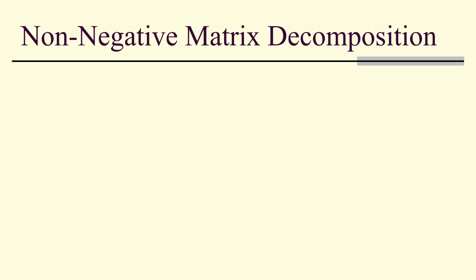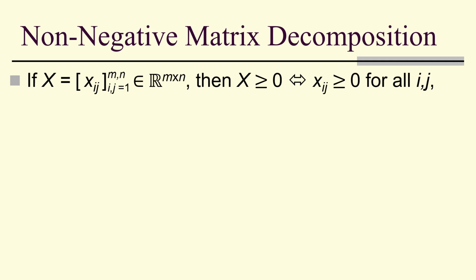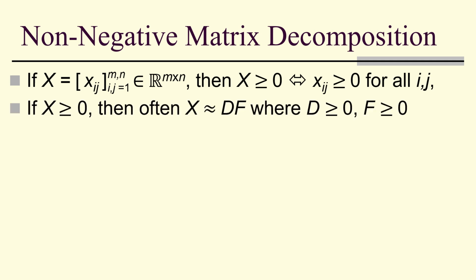Now let's look at another aspect of this matrix decomposition, low rank approximation, called non-negative matrix decomposition. So if I have a matrix X and all the coefficients of X are greater than or equal to 0, then I'm just going to simply write the matrix X is greater or equal to 0. So X greater or equal to 0, all its coefficients are non-negative.